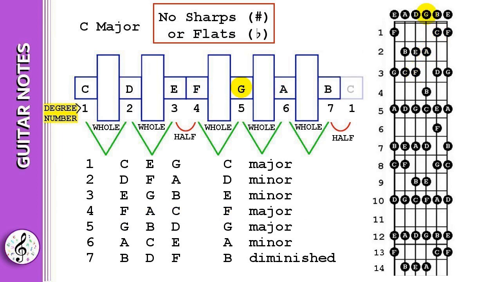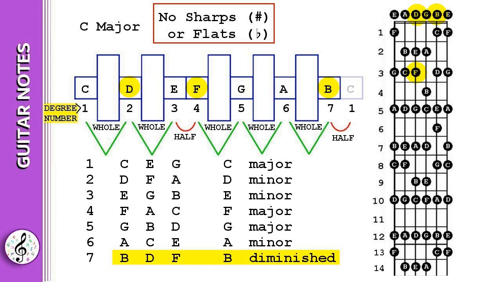The fifth chord, we have G, skip a note, B, skip a note, D, and that is a G major. The sixth chord is A, skip a note, C, skip a note, E, and that is A minor. The 7th chord is B, skip a note, D, skip a note, F, and that is a B diminished chord.